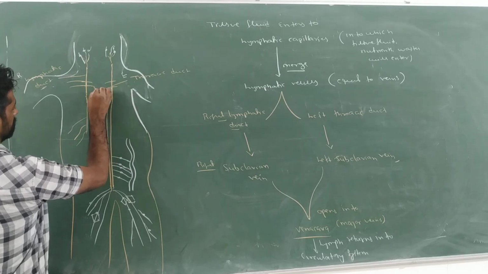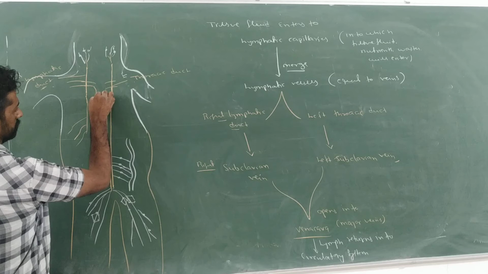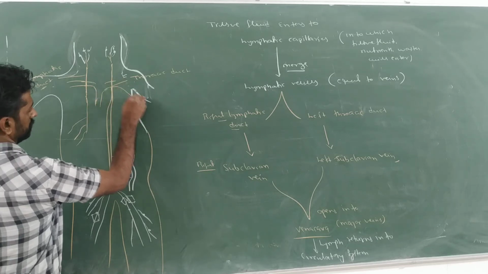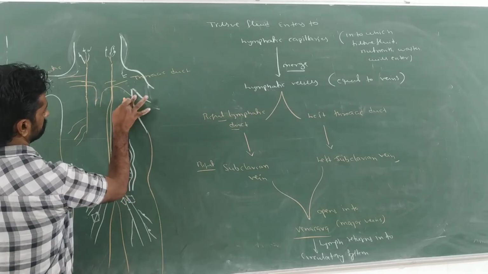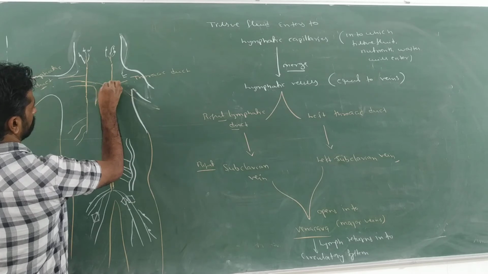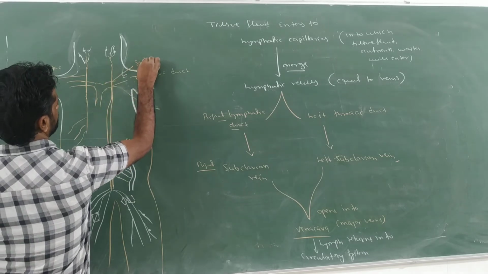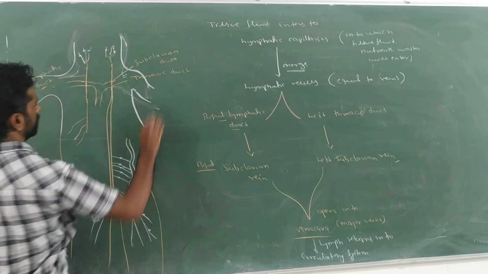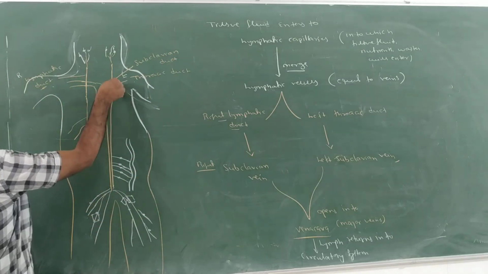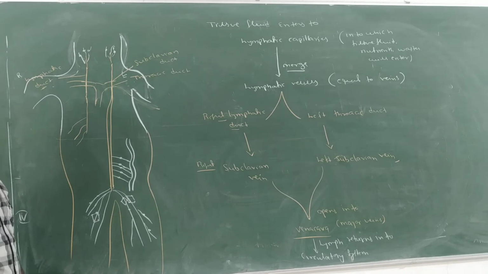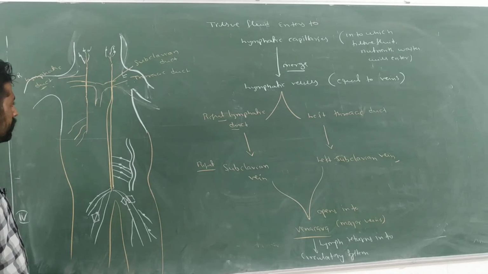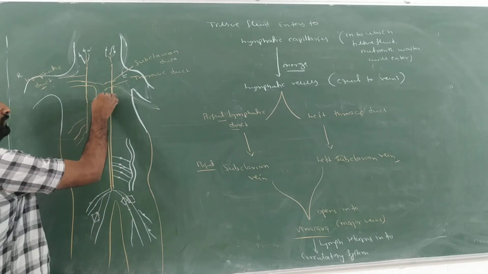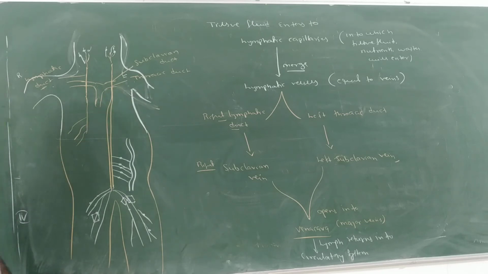What are those ducts called? These are called the subclavian ducts, the left subclavian duct and the right subclavian duct. That opens through the vena cava directly into the heart.